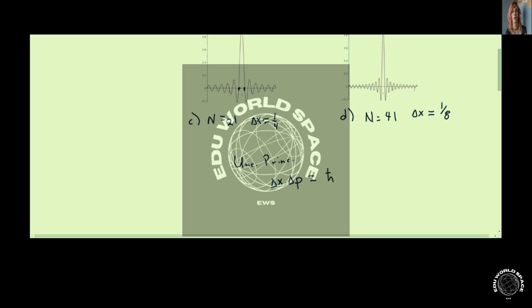But the idea is, if the uncertainty in position is decreasing, shouldn't the uncertainty in the momentum go up to keep the product fairly constant?